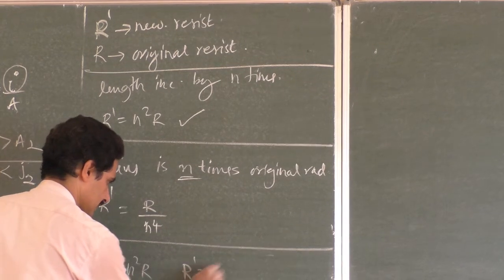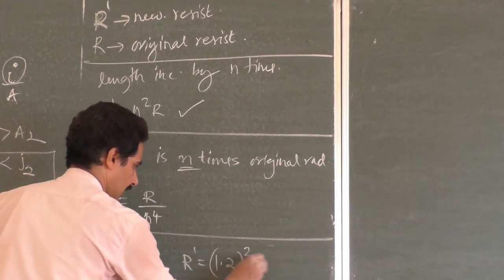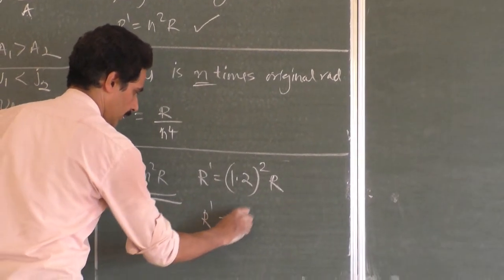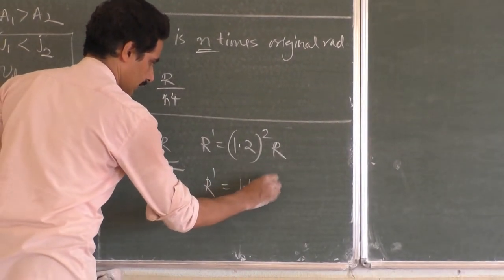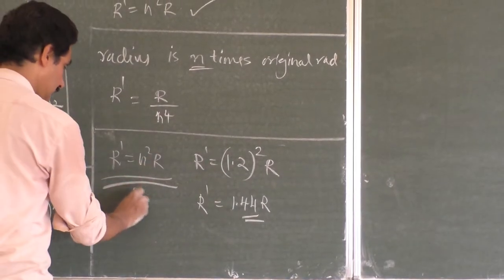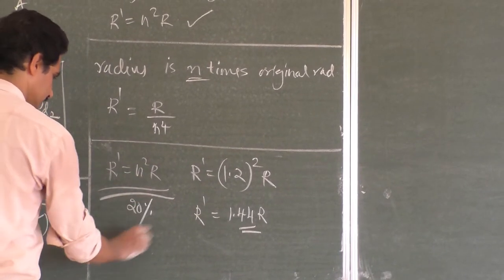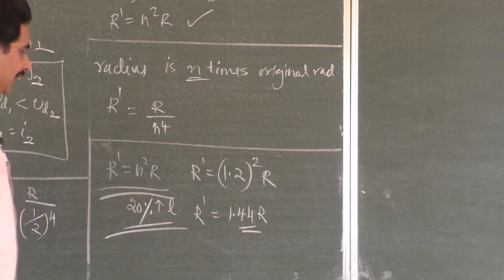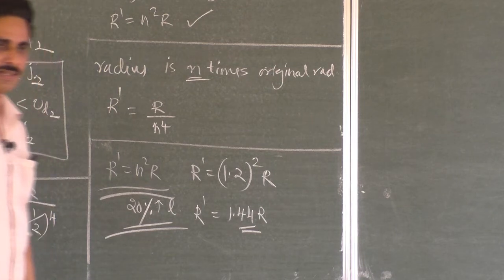So what is the new resistance? 1.2 square R, original resistance. So R dash is equal to 1.44 R, 1.2 whole square. So 44% extra. That is for 20% raise in length. A 20% increase in L results in a 44% increase in resistance.